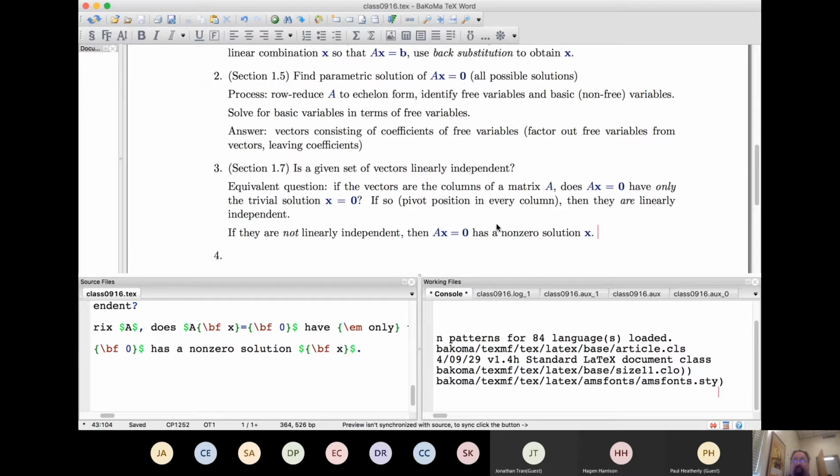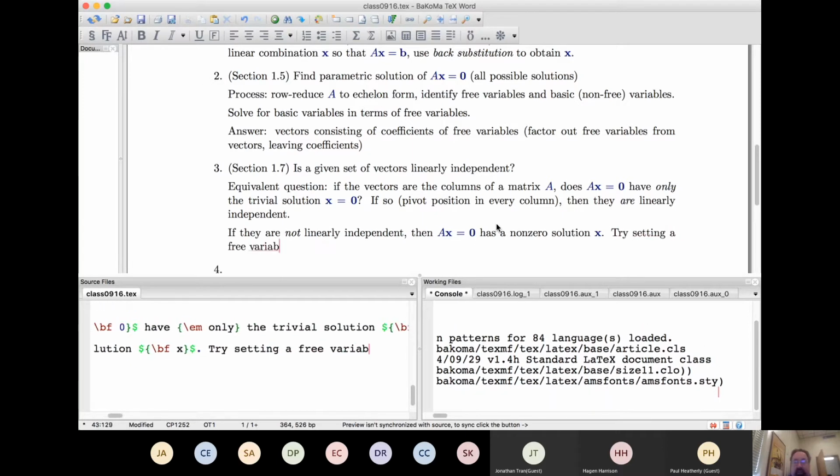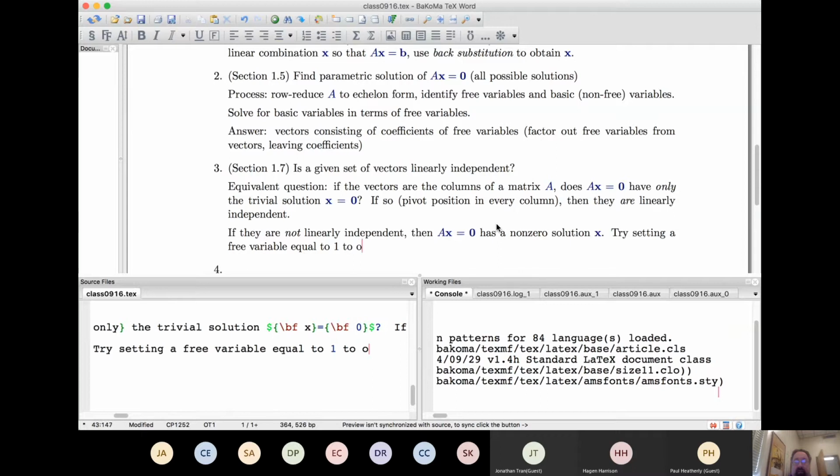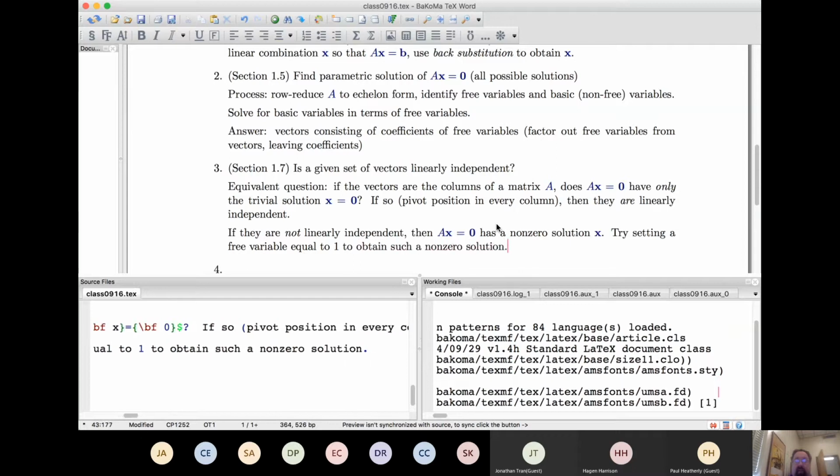So you can set that to whatever you want and get a non-zero solution. The way you get a non-zero solution is you set a free variable equal to 1.